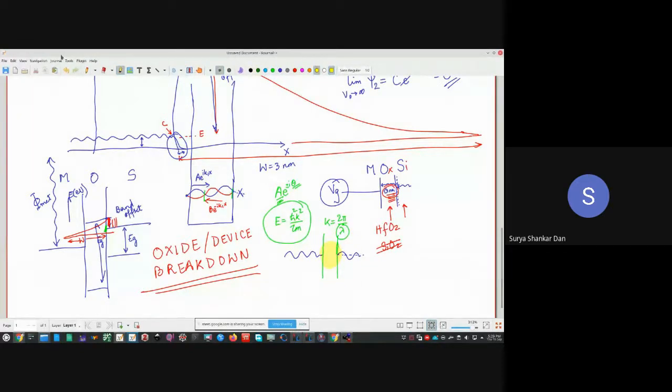The tunneling inside the barrier doesn't lose energy. That means conservation of energy is valid in quantum mechanics. But the quantum mechanical phenomena does not involve, this is very important, loss of energy.